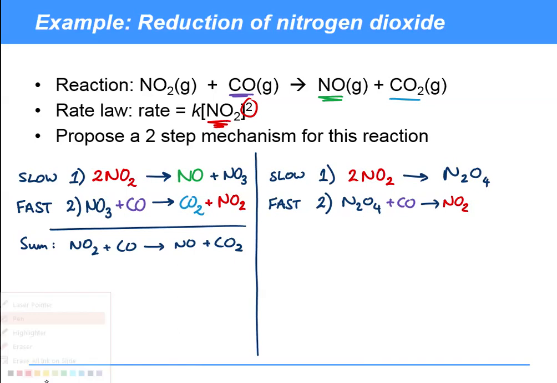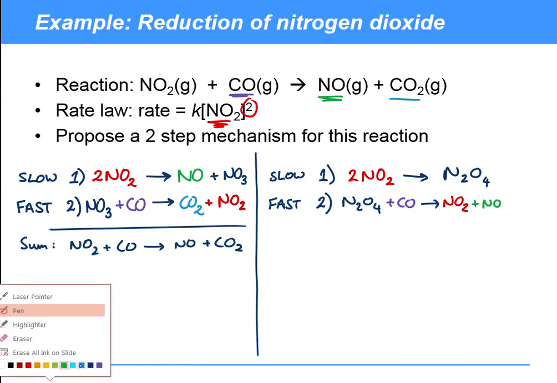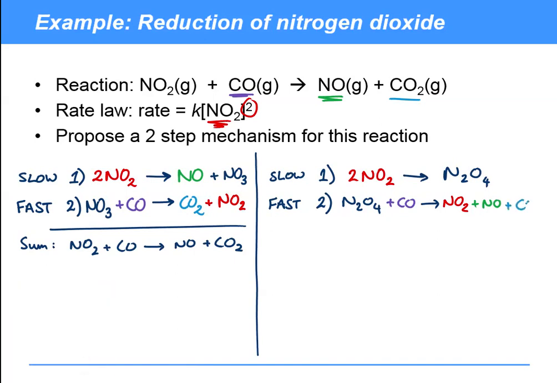We better produce the NO that we need overall, and we better produce the CO2 as well. Does that all fit? 2 nitrogens, 5 oxygens, yes, a carbon. Yep, that looks good as well. So that's potentially correct as well. Apparently the left-hand one is better, but that's perfectly mark-worthy.